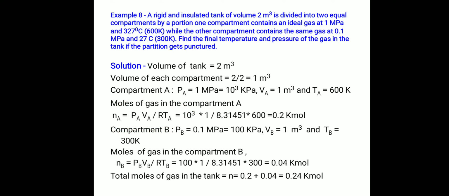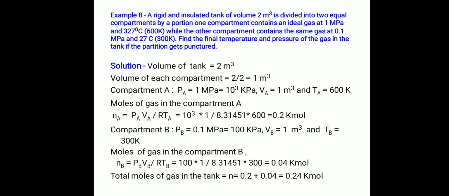We know the value of PA, that is 1 megapascal, the value of VA, that is 1 meter cube, the value of R, that is 8.31451, and the temperature, that is 600 Kelvin. So we can calculate the moles. The moles for compartment A is 0.2 kilomole.